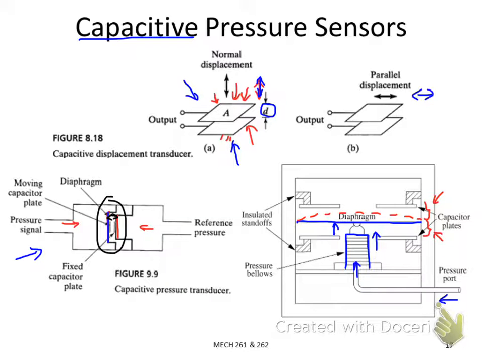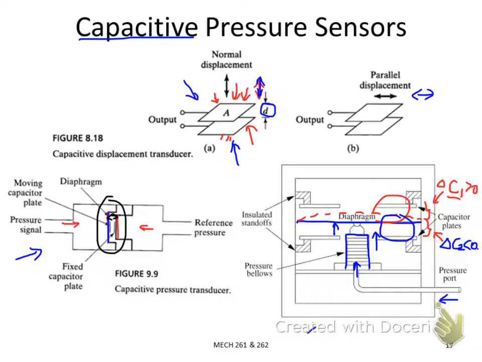That means your top capacitor, if this is your delta 1, the change of the capacitance value will be larger, will be positive because the capacitance here is increasing. And similarly, the capacitance here is decreasing because the gap is increasing, so the change of capacitance here is smaller.